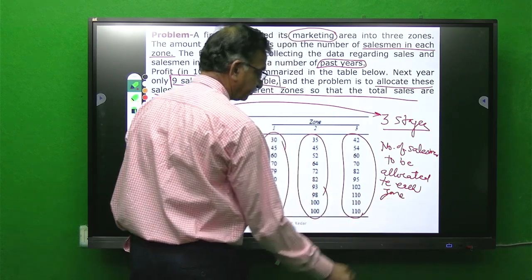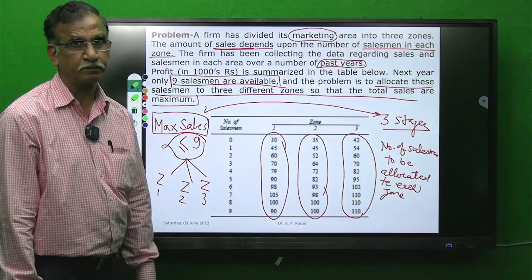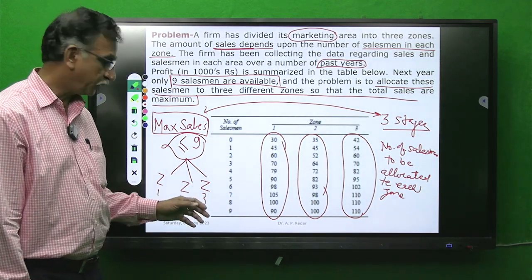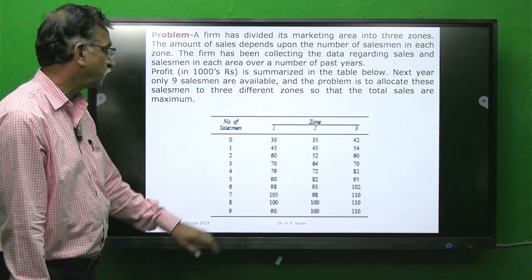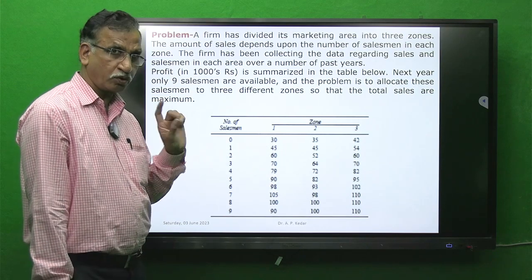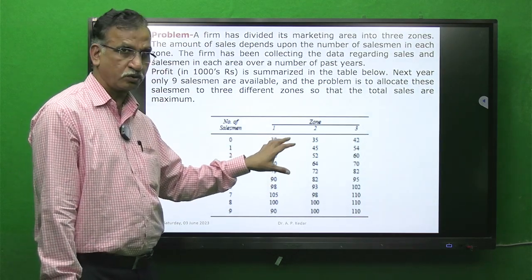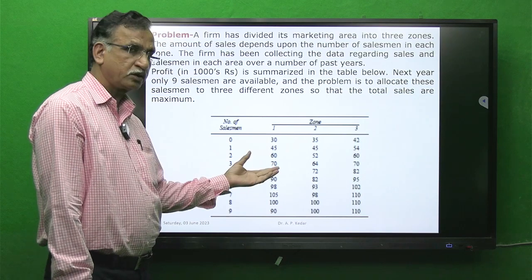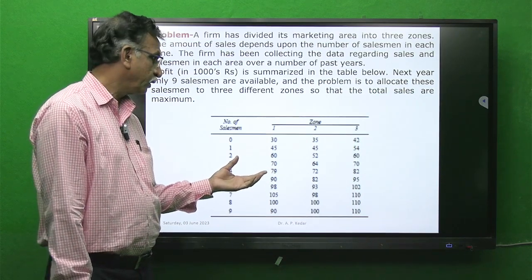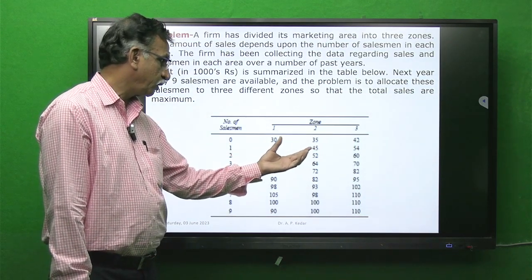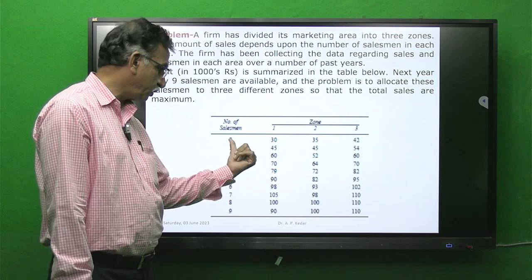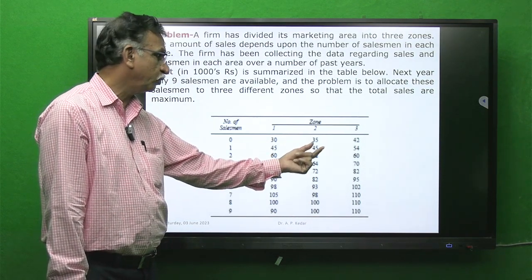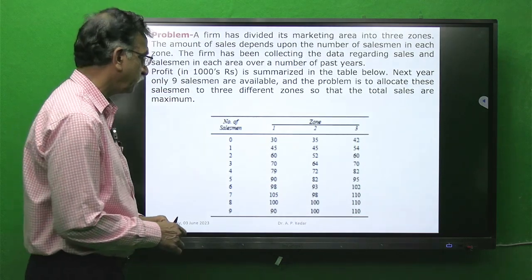That we'll see. Clear? So let's move ahead. Now focus your attention on these values. For these numbers of salesmen, these are the profits if you depute these numbers of salesmen to either zone 1, zone 2 or zone 3. Let's move ahead.